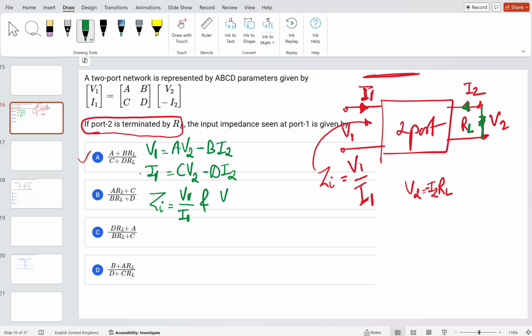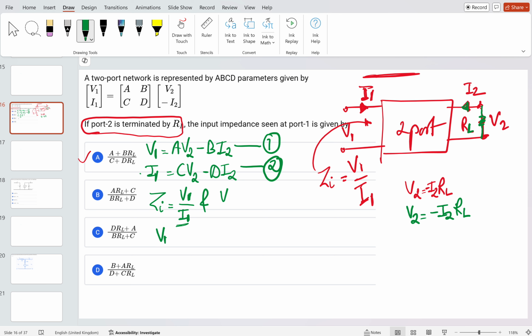If you are terminating with RL at the output side, the voltage V2 will become minus I2 times RL. What we need is the V1 by I1 ratio. This is equation 1 and this is equation 2.